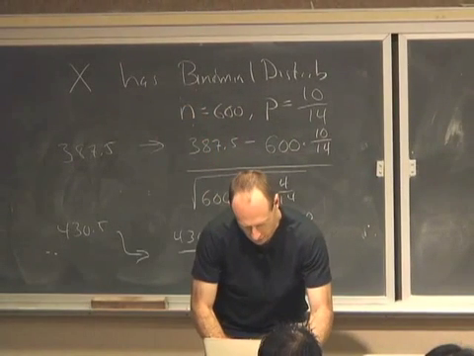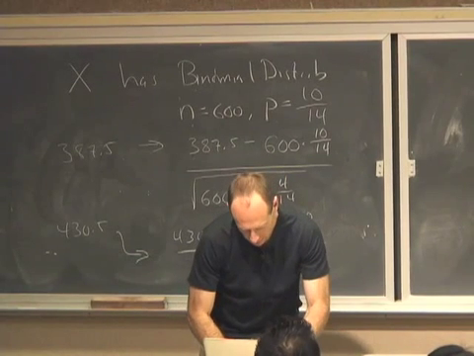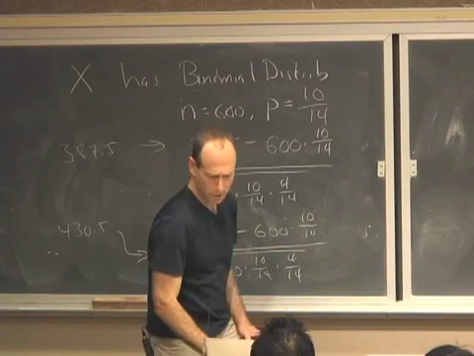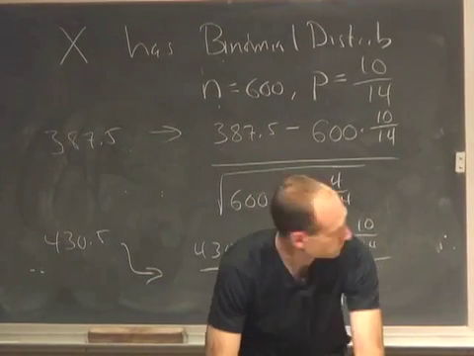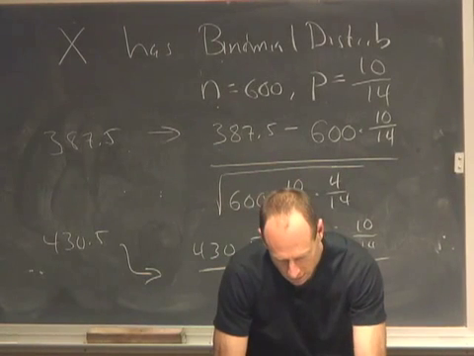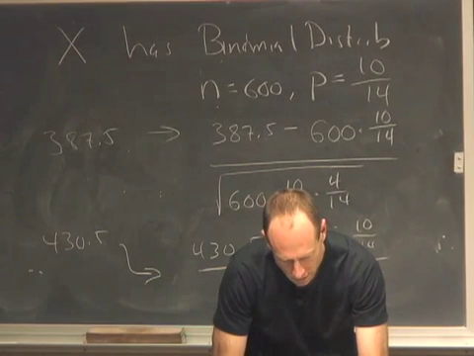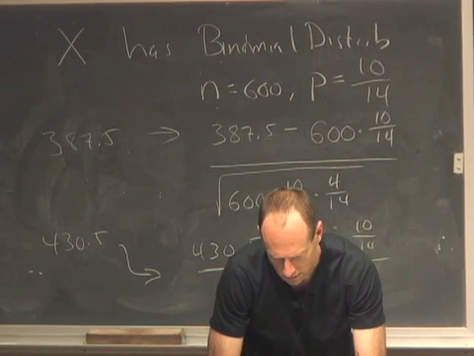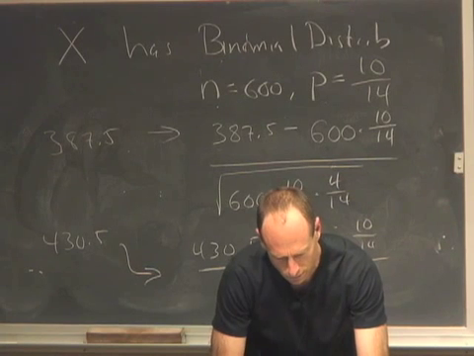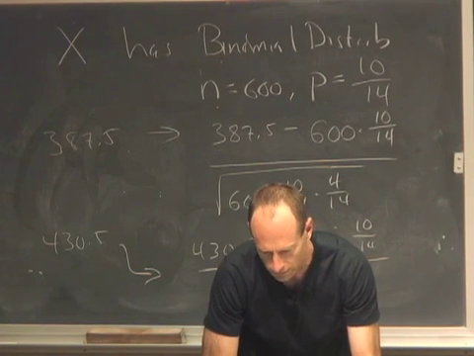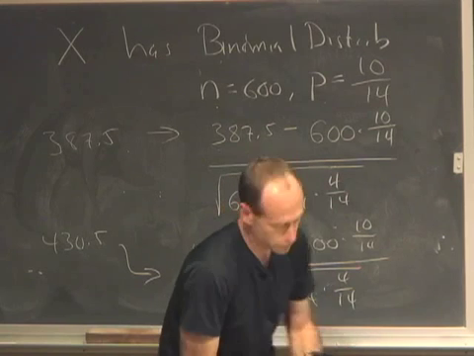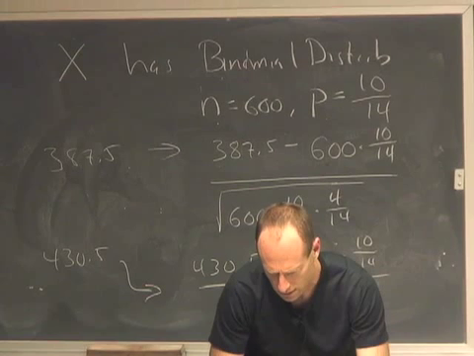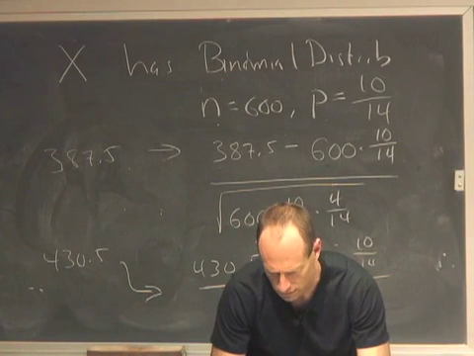It looks like 387.5 minus 600 times 10 divided by 14, divided by the square root of 600 times 10/14 times 4/14.